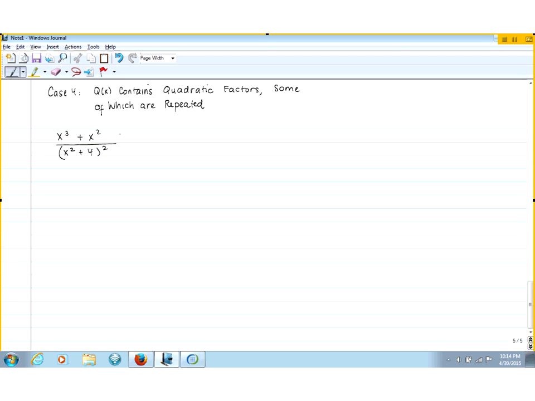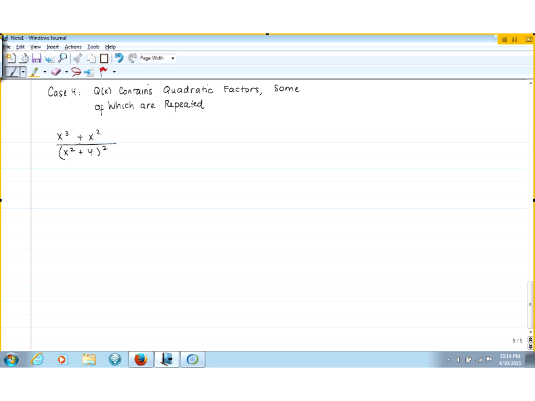Now, by the way, if the degree of the numerator is greater than the degree of the denominator, we have to do either synthetic division or long division first. I didn't mention that in the beginning. So what is the degree of the numerator?